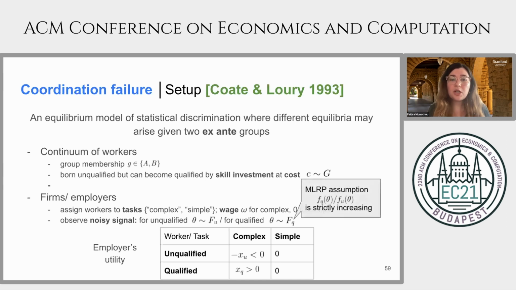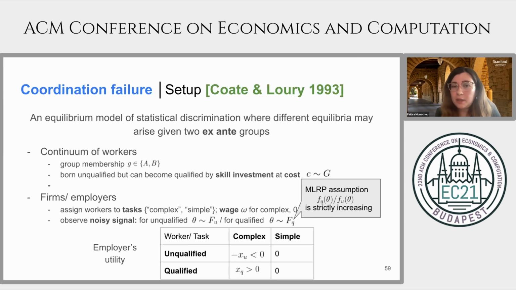And an assumption here, although it's not really a restrictive assumption, just for simplicity, is that the ratio of the PDF of F_Q over the PDF of F_U is strictly increasing.